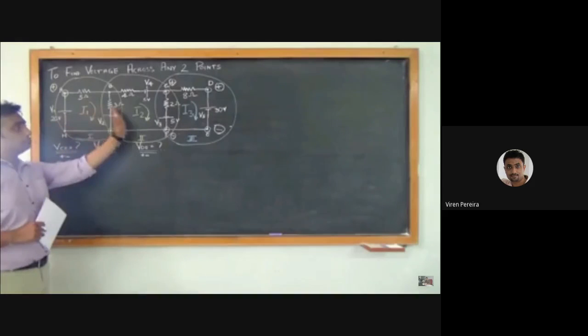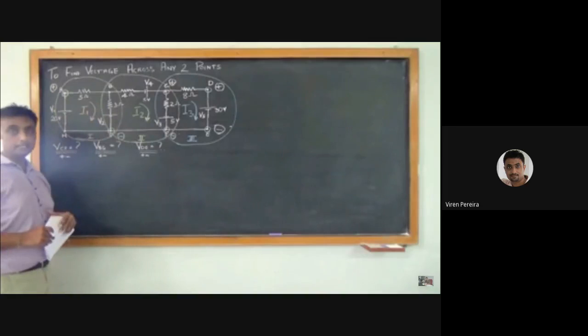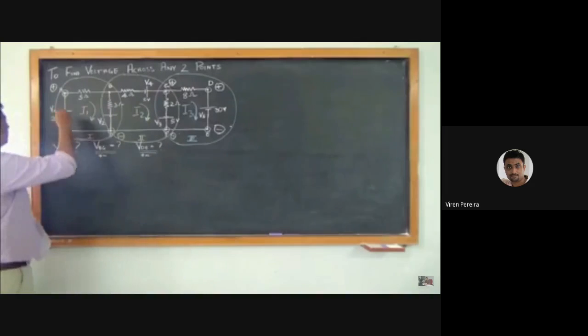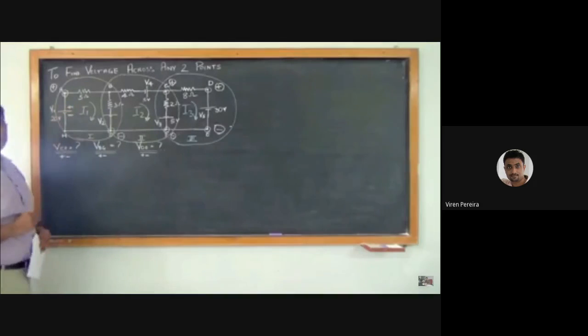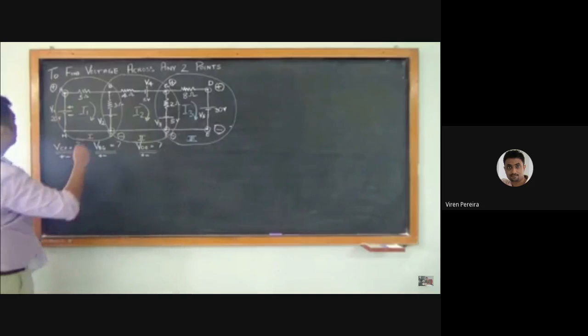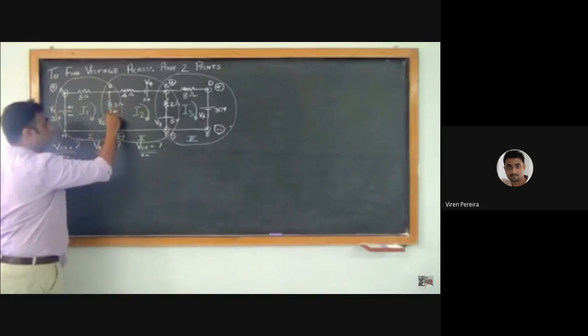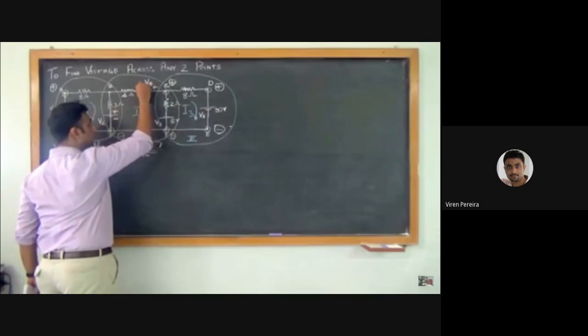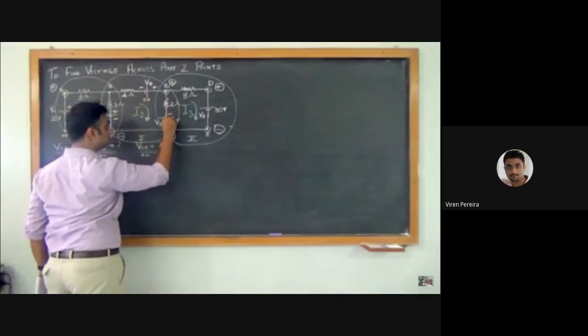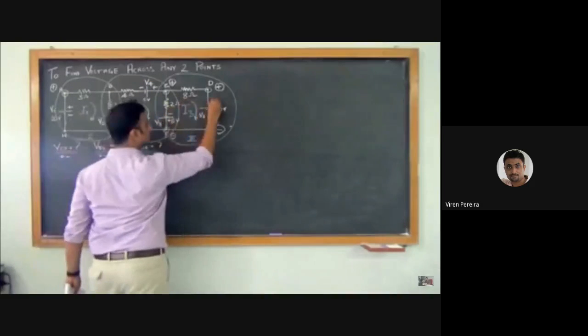So once you have assumed the directions, then we have to put the polarities of all the voltage sources. Now, putting the polarities is also a very crucial step here.